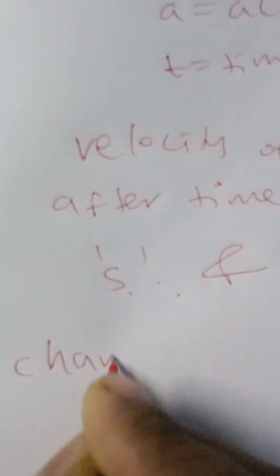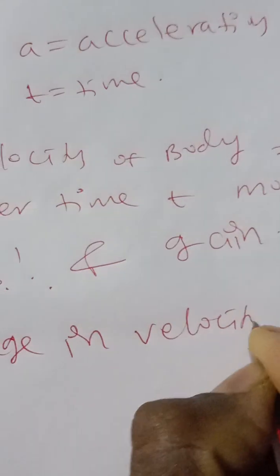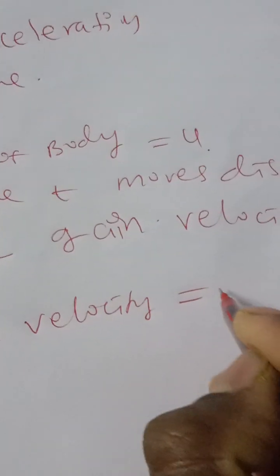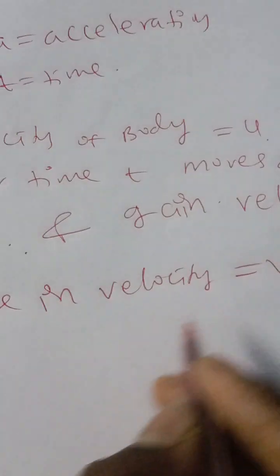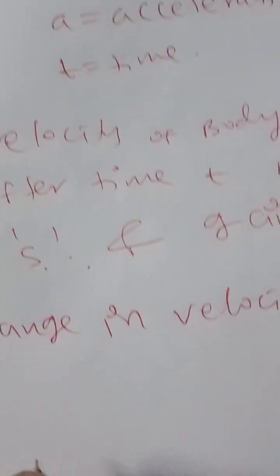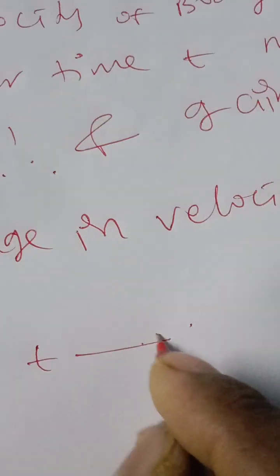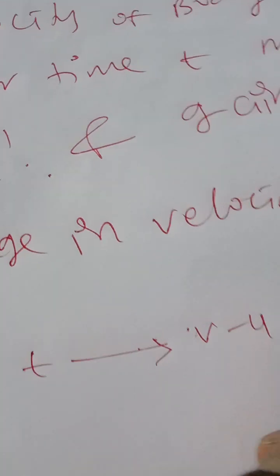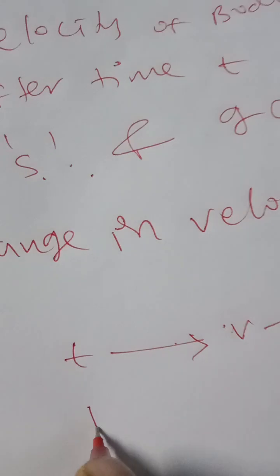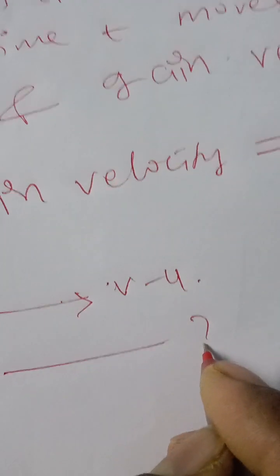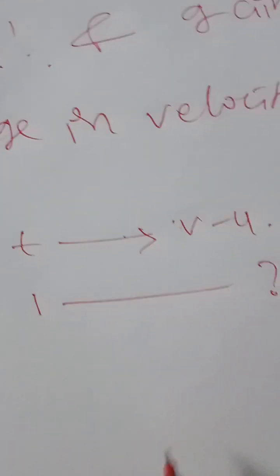Then the change in the velocity is the final velocity minus the initial velocity. In time t, the change in the velocity is v minus u. Then for unit time, how much change is there?